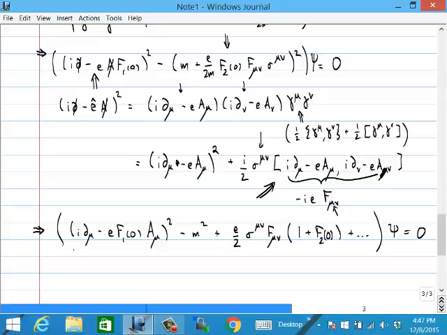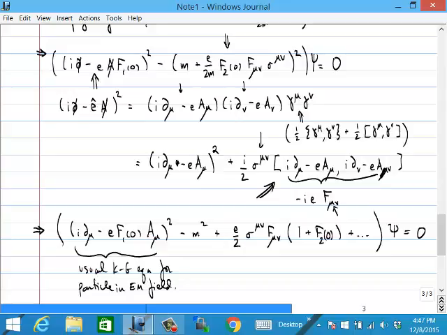The important point here is that this term here is the usual Klein-Gordon equation for a particle in a magnetic field, or a particle in an electromagnetic field. In particular, remember in quantum mechanics, how do you describe the coupling of a particle to a magnetic field?